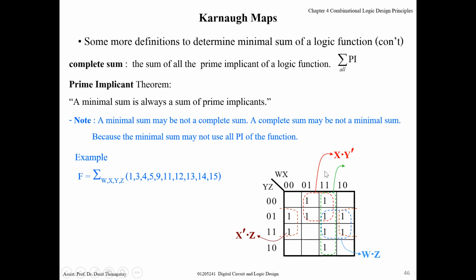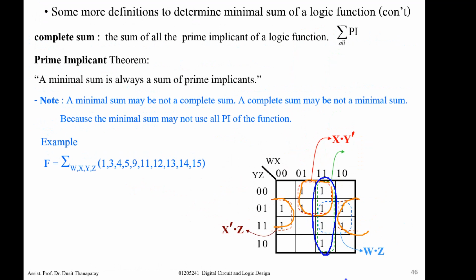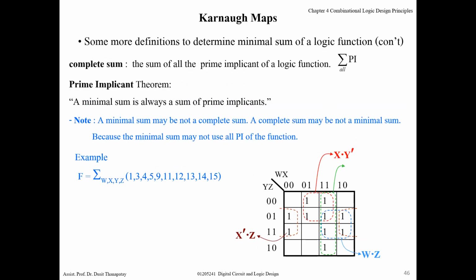For example, you already use this and this. That's enough, right? You need not use this prime implicant. If you use the smaller number of groups, you will get the minimal sum. If you use all, you will get the complete sum.